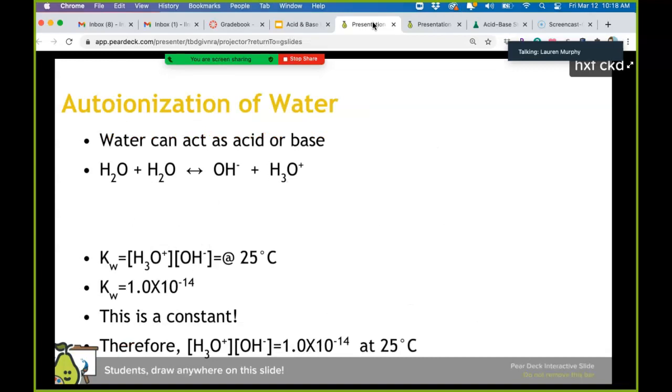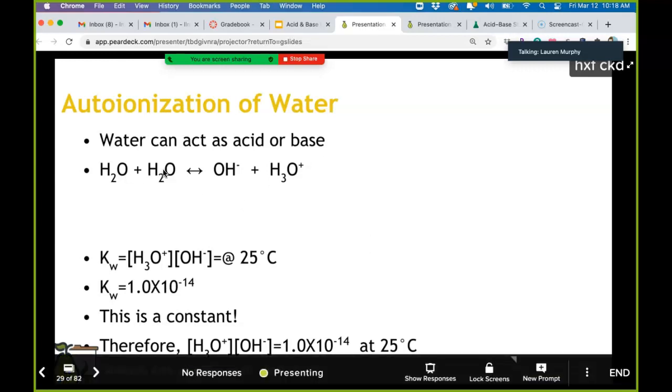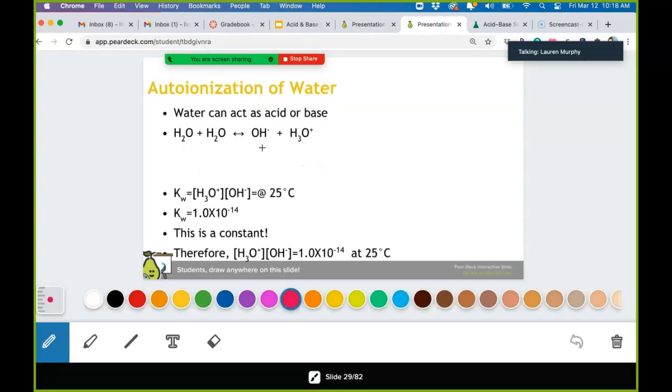All right, math time. So here we go. So obviously, if we're talking about acids and bases, knowing the pHs of their solutions are going to be important. Okay. So this equation right here is called the auto-ionization of water. So water hooks up with itself to produce your basic part and your acidic part.